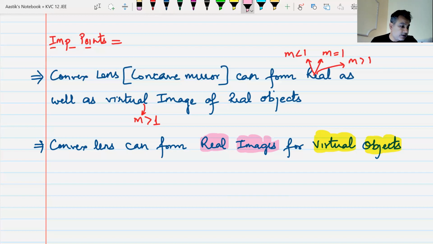Yes, sir. There is one thing which a convex lens or a concave mirror cannot do. Can you tell me what is that thing that a concave mirror or a convex lens cannot do?